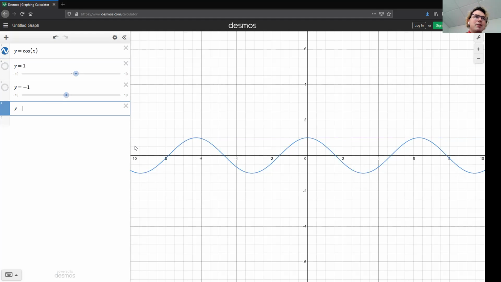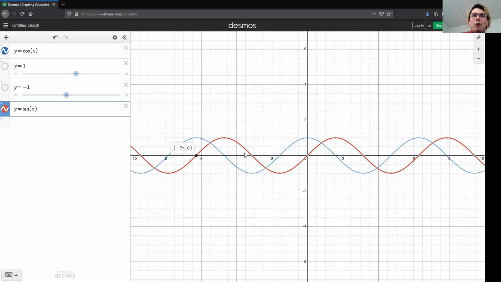So let's compare this to the sine function, y equals sine of x, like so. My sine function is in red, okay? And my sine function is 0 in all of the right places. Very good.